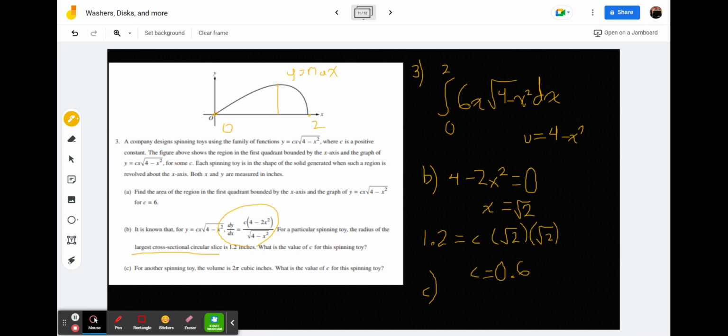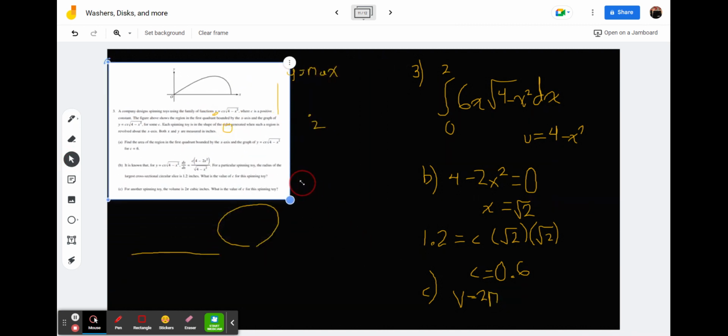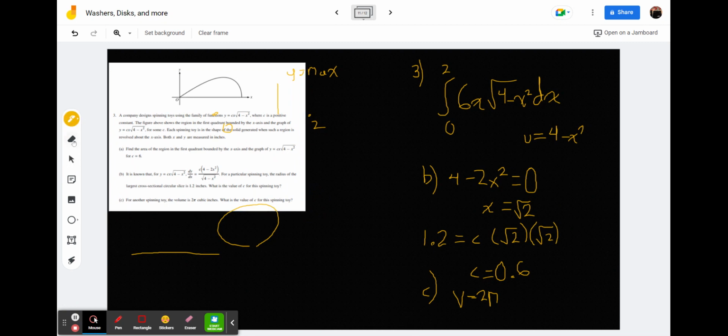Okay, so what we need to do is find the volume and set it equal to 2 pi. So I'm going to make this a little smaller so we have more room, and erase this. We need to find the volume. We can actually use the disk method. It's a sum of all these little disks.